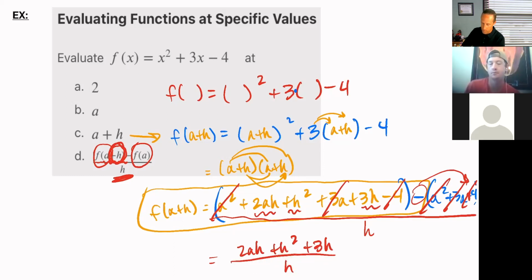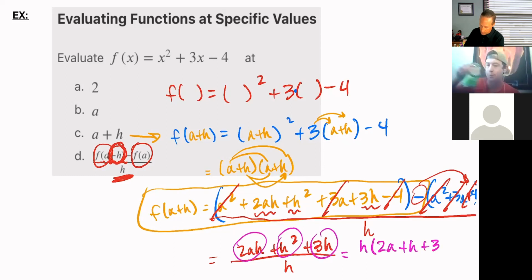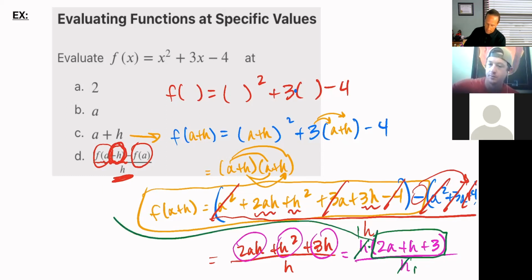And so all I'm going to do is simply take and factor out an h out of this, this, and this, which would leave me with 2a plus h plus 3. And now I can go ahead and cancel that h in the denominator with that one, because I know anything divided by itself is 1. And that, my friends, would be the answer to letter D.